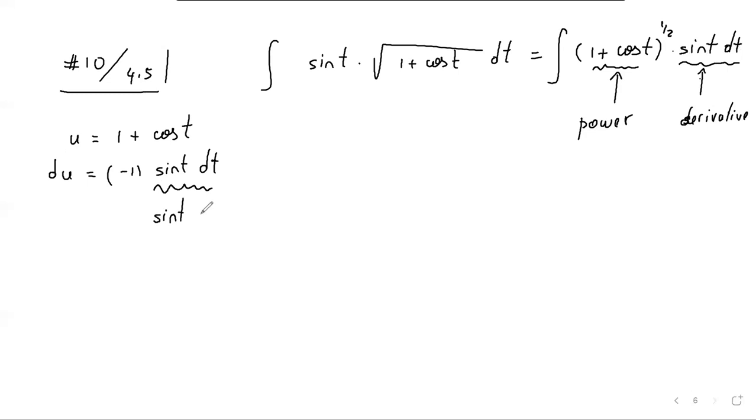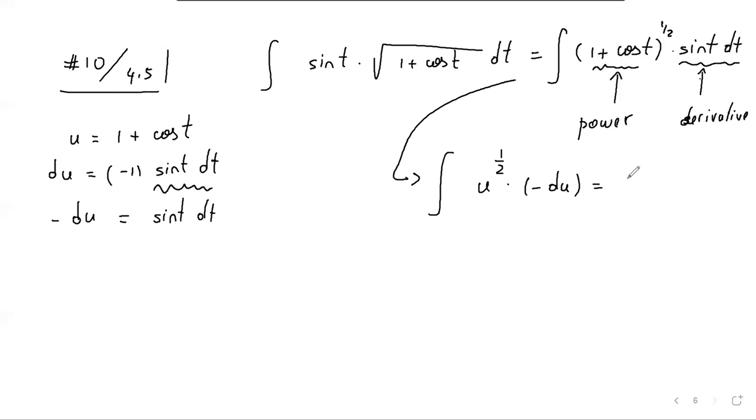So sine t dt is negative du, and that is the integral of, and now we substitute, so 1 plus cosine t is u, so u to the 1/2, times sine t dt, which is negative du.